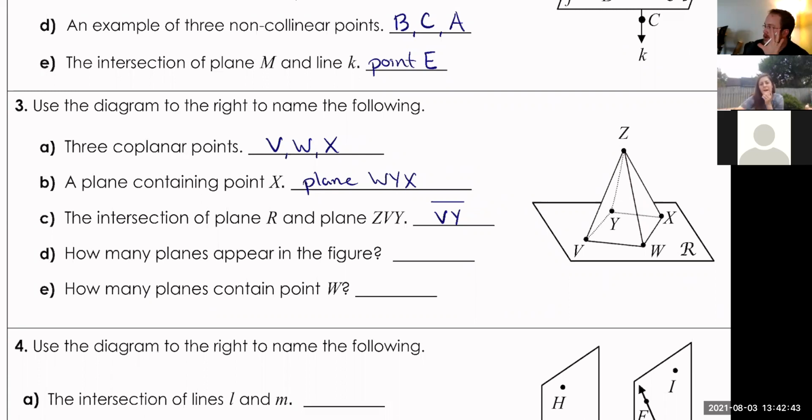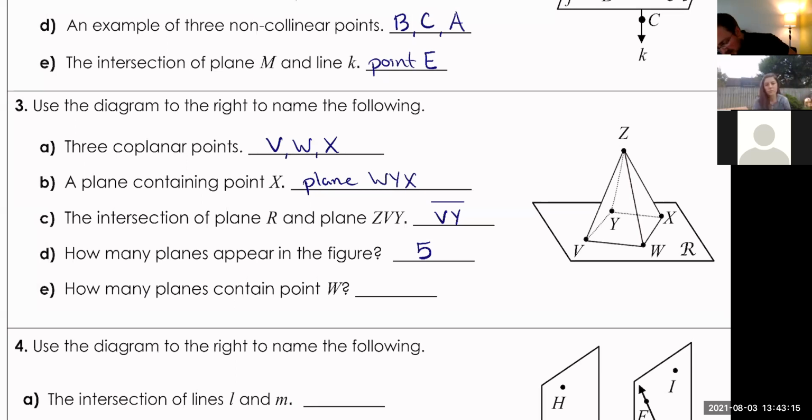So imagine for a moment, look at the pyramid first. It has 4 sides. The top 4 sides each are their own plane. Even though they're looking triangular in shape, only 3 points to make a plane. So those are 4 planes. Then the base of the pyramid happens to also be plane R. So identified in this diagram, there are a total of 5 planes.